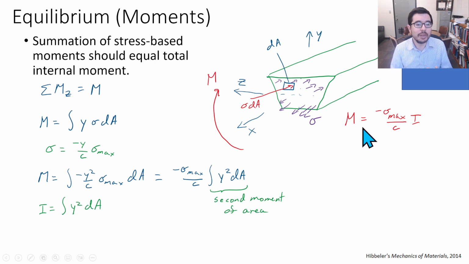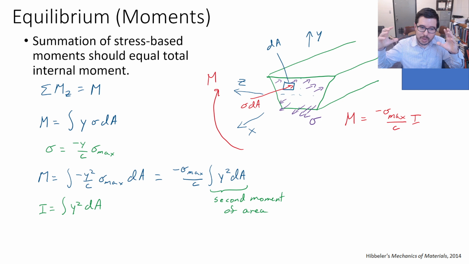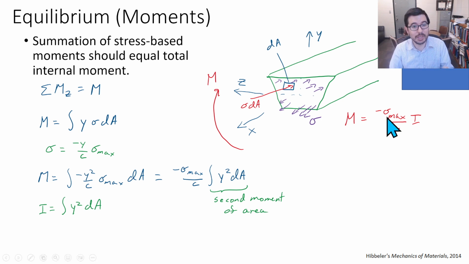So we now have an expression with sigma max and M. This is a neat moment where we're able to relate the internal bending moment to the bending stresses. So sigma max is equal to, with a rearrangement, negative Mc over I. Now c, remember, is the distance to a surface from the neutral axis.